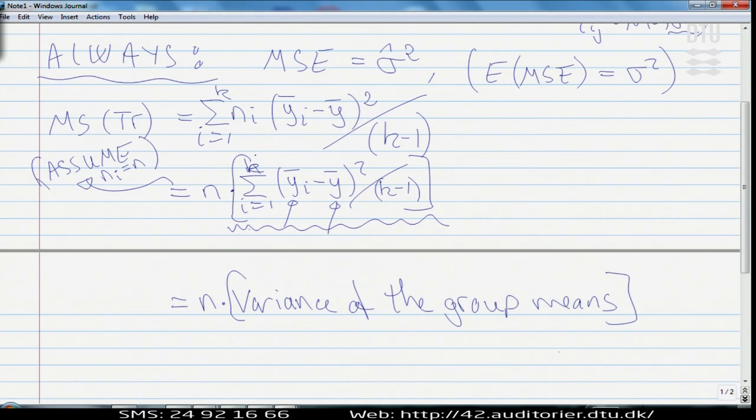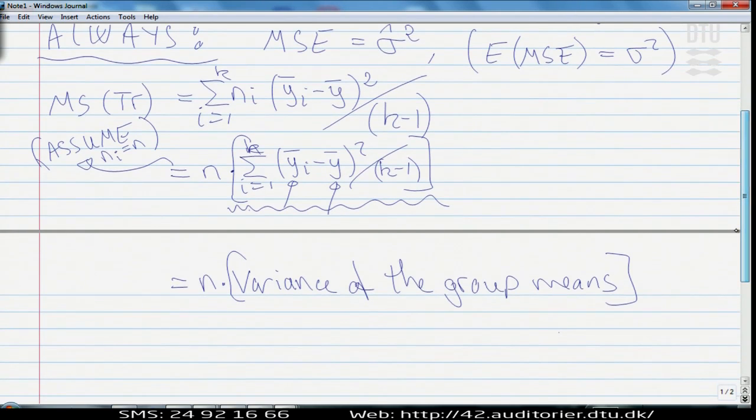I sum over the groups, and then I divide by the number of groups minus 1. Just the usual variance formula, right? So mean square treatment, which is the numerator of the F-statistic, is really n times the variance of the group means.